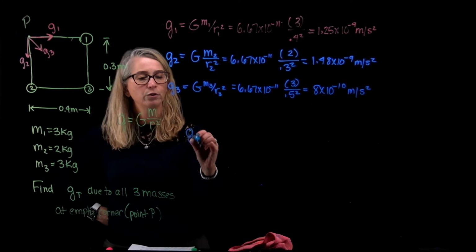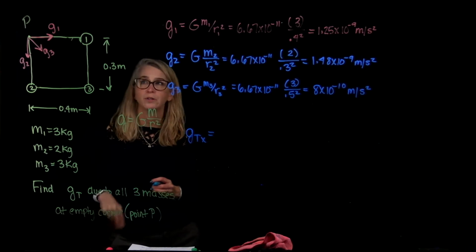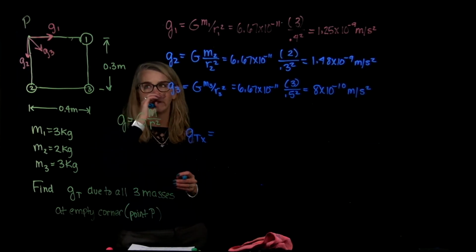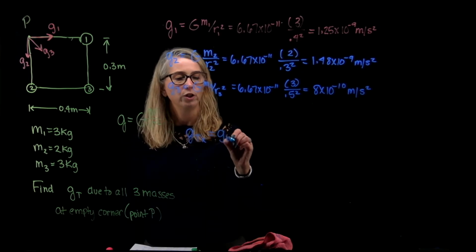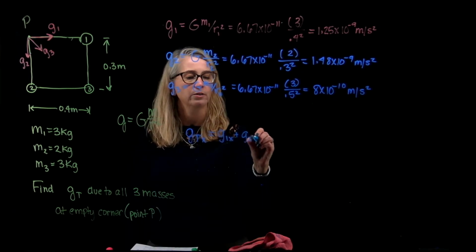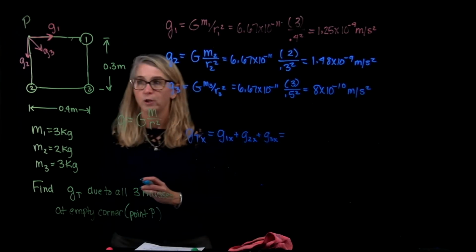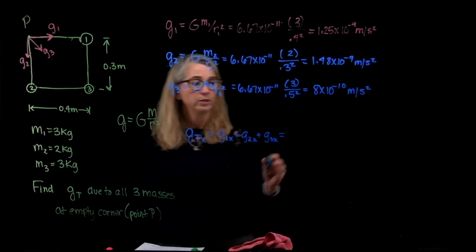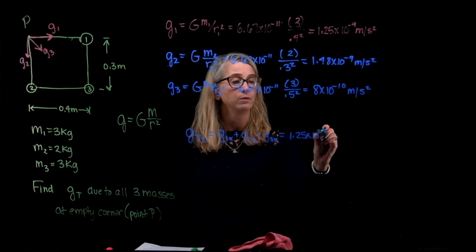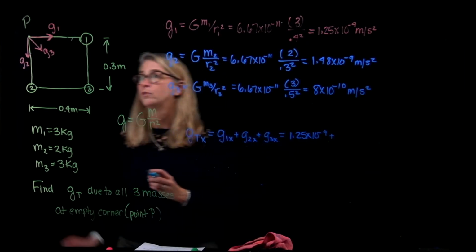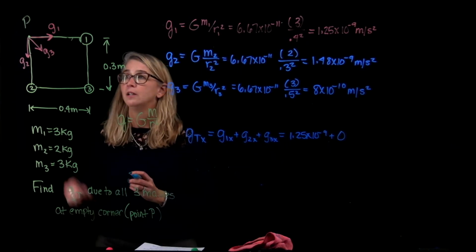Now, in order to find the total gravitational field, we have to find the total x components. So we need to add the x components of these three vectors: G1x plus G2x plus G3x. G1 is totally in the x direction, so I just write down that magnitude. G2, down, has no x component.